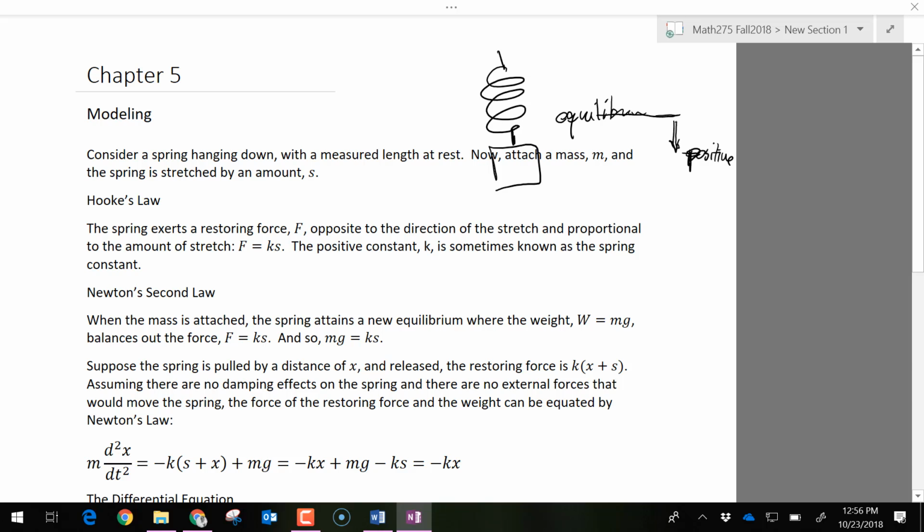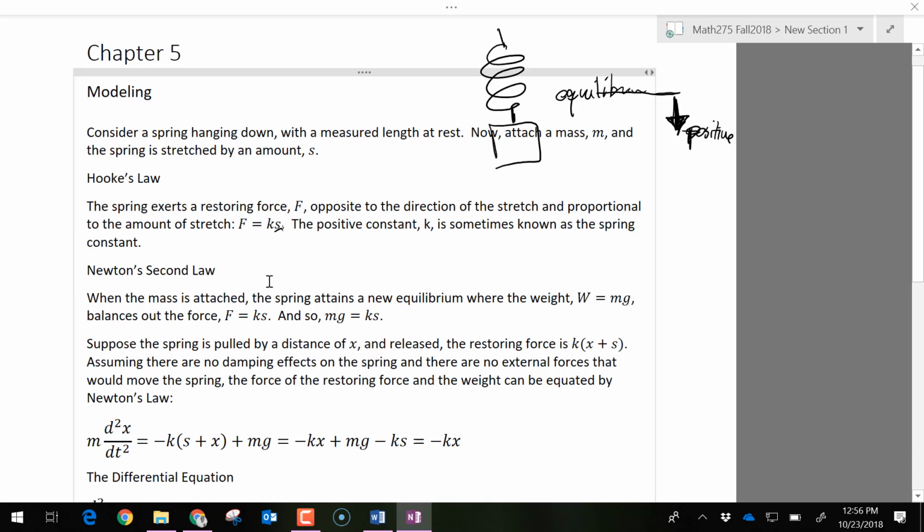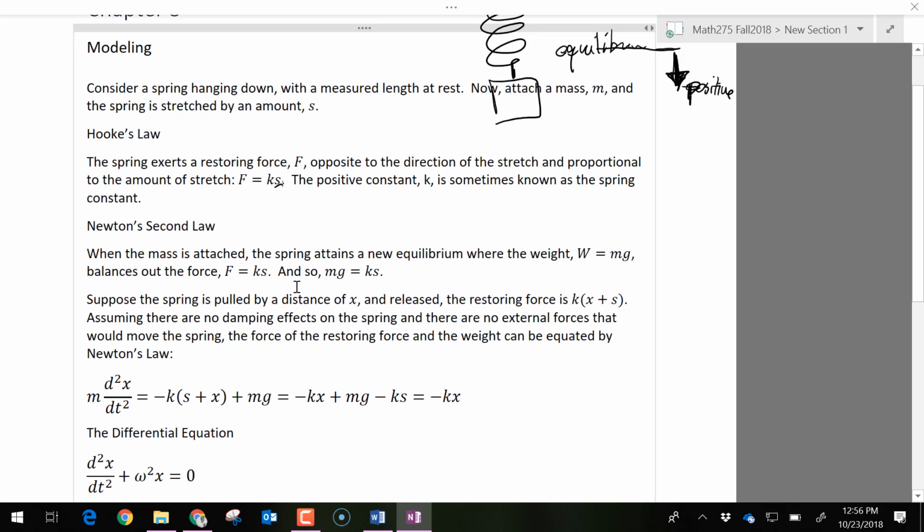So going down is positive for a spring system, and then going up would be negative in terms of the direction that we're looking at, because it's a length that we're stretching. So aside from that, there's Newton's second law, that says that the force is equal to mass times acceleration, or mass times gravity, and so we can set the two forces equal to each other.